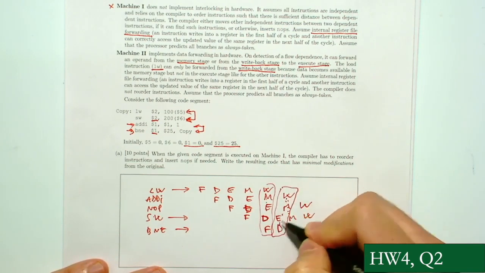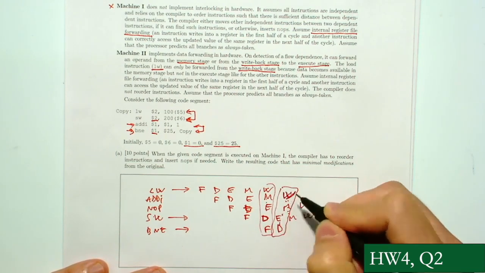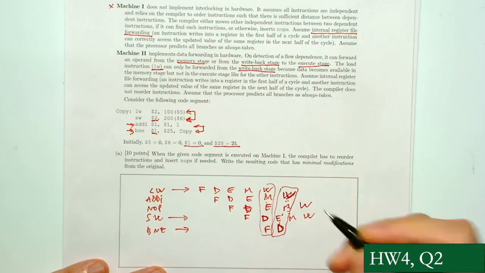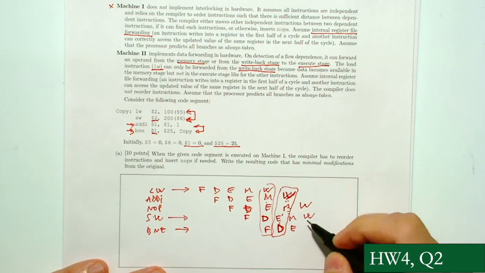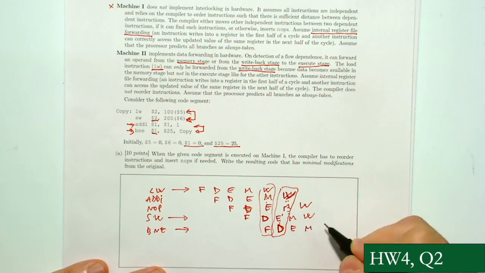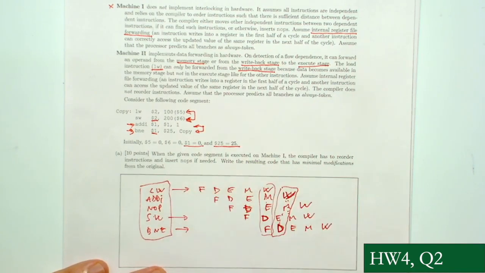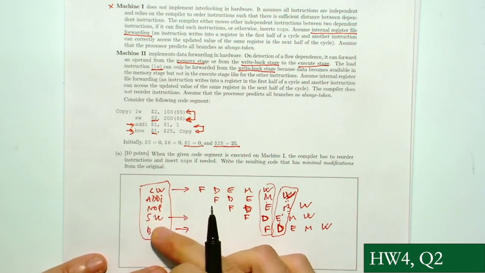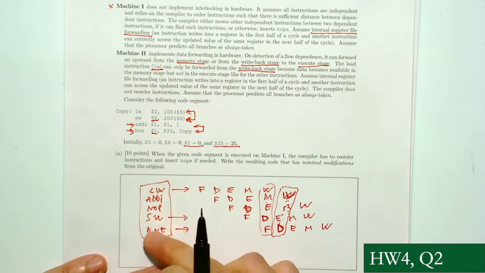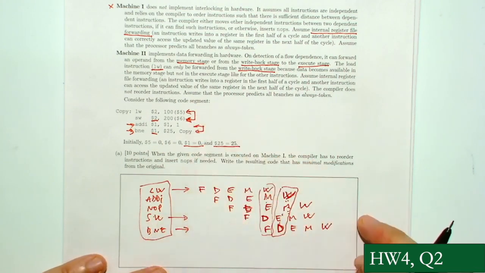So when we write back here, we can read the register from here. So we can execute, memory and write back. So this is basically the final code that the compiler needs to generate to execute this code correctly in machine 1. Any questions here?